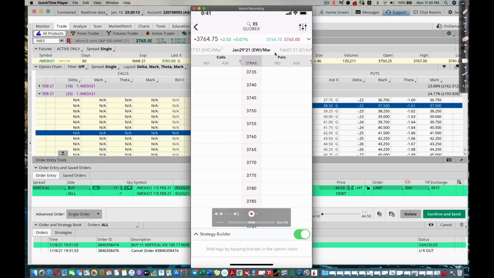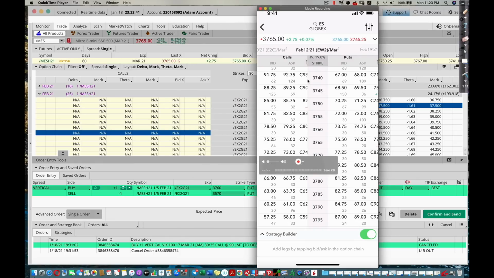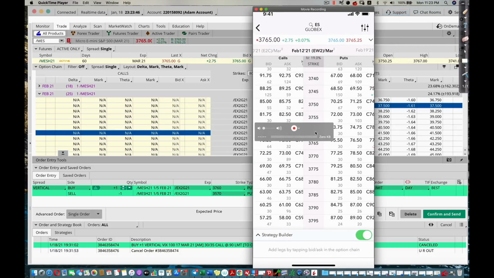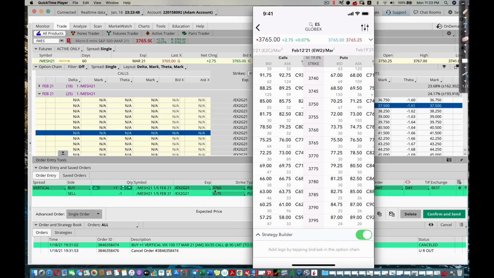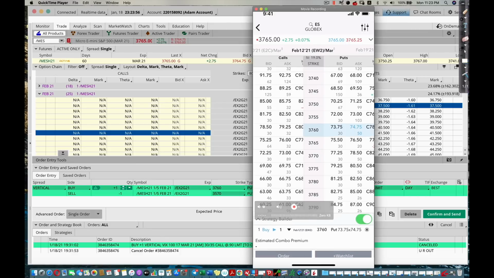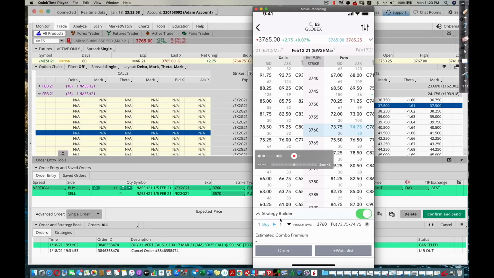Okay, so going back to this, let's go back to 12th of February. Okay, so 12th of February, expiry date. So we're gonna buy the 3760 put. So 3760 put here. Click ask to buy, click on this. And you can see that first leg appears. So now we sell the 3570.